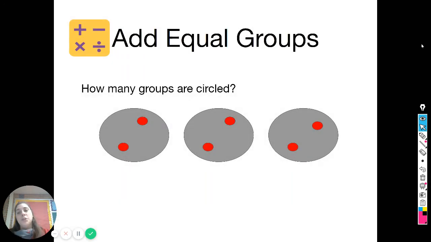Okay, let's go ahead and switch over to those whiteboards. On your whiteboard, I want you to answer this question for me. How many groups are circled?